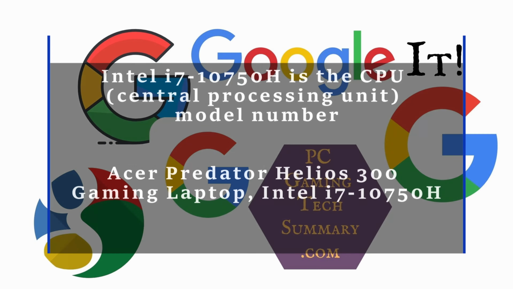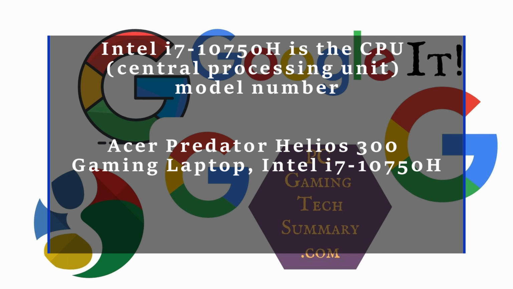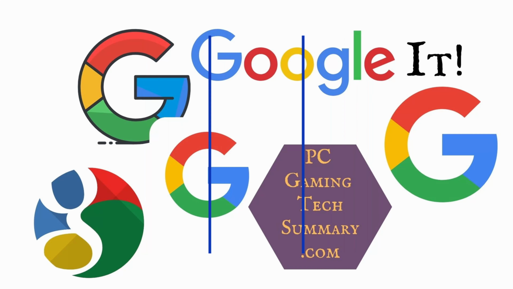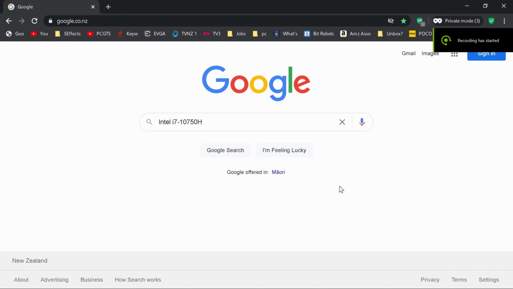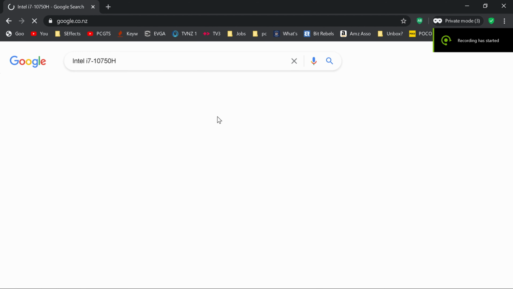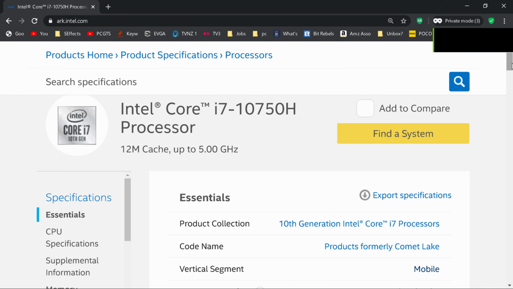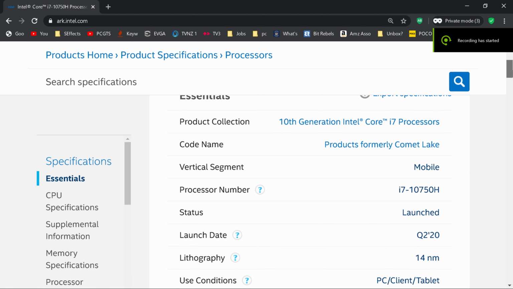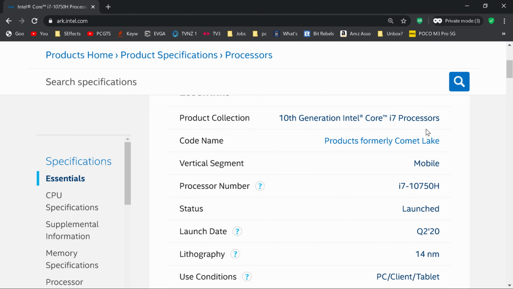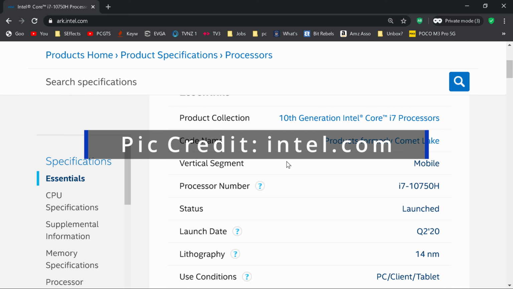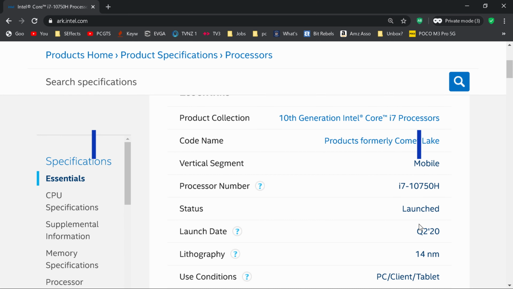The Intel i7-10750H is the CPU model number, the central processing unit. So we want to take that i7-10750H and Google it. What do we come up with? All right, it's a 10th generation.